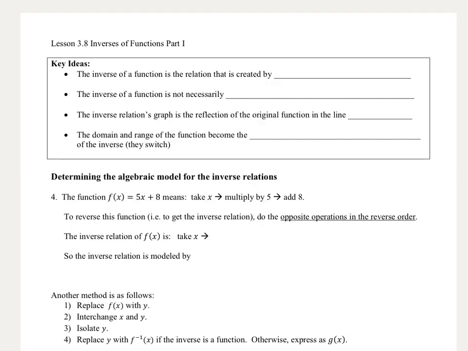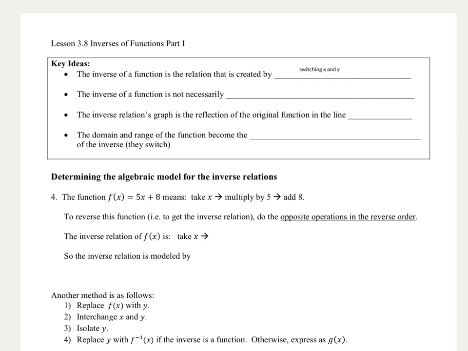So let's summarize some key ideas that we've now discovered about inverses. First one is that the inverse of a function is the relation that is created by switching x and y. So that's the very key concept about inverses. Everything else follows from it. The inverse of a function is not necessarily a function itself.